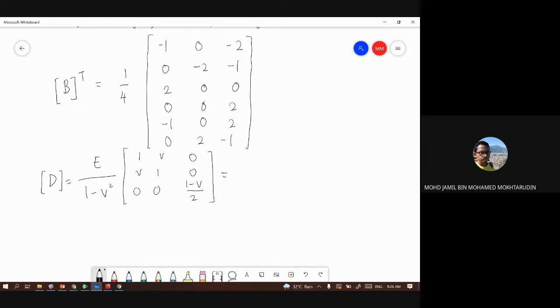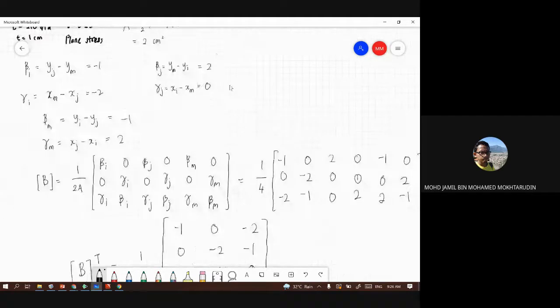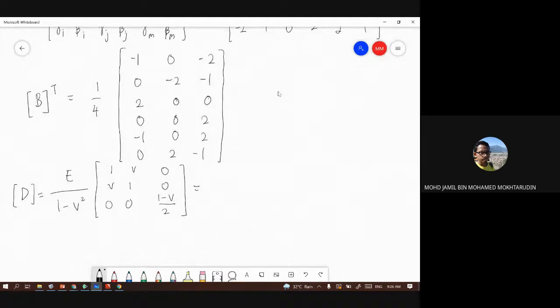So E is 210 gigapascal. V is 0.25. So substitute first.